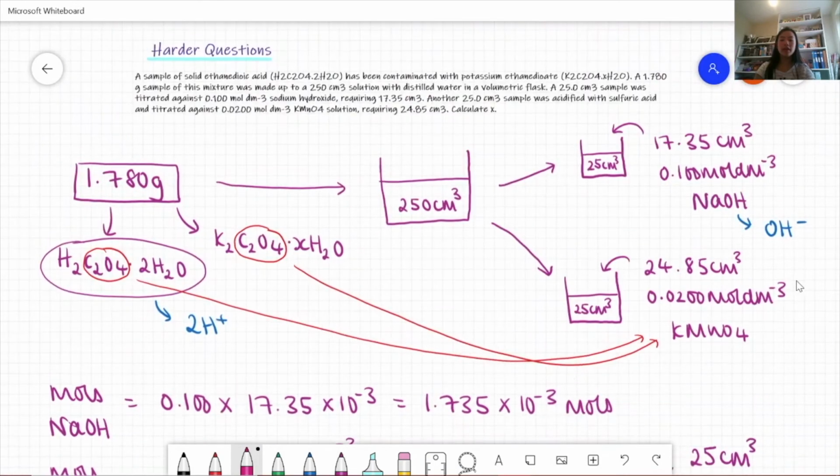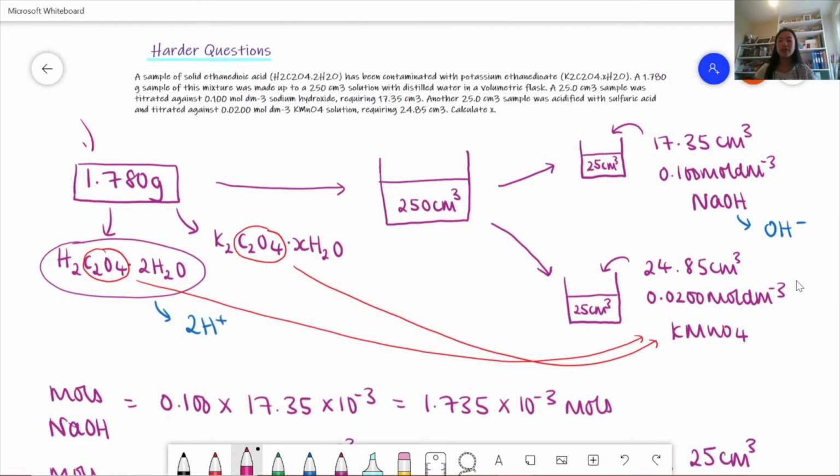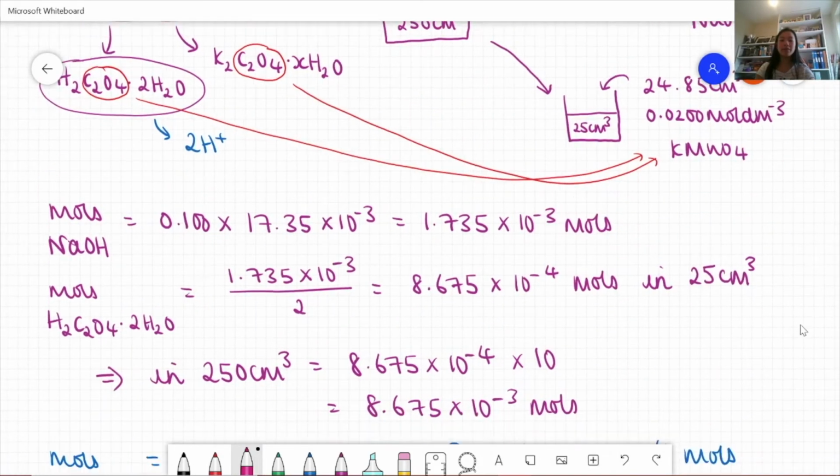So here, the 1.780 grams is the mass of the whole mixture of the potassium ethane dioate and the ethane dioic acid. And so we can just take it away.